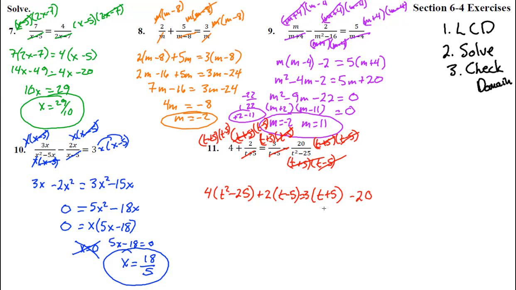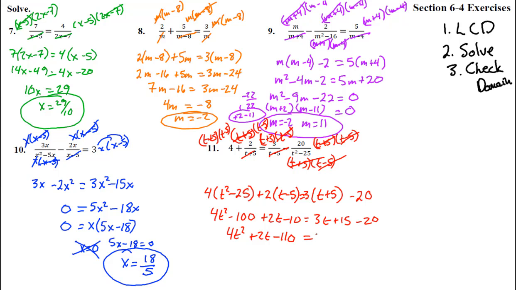All righty. Let's do it. What do we got there? 4t squared minus 100 plus 2t minus 10 equals 3t plus 15 minus 20. Polynomial equation again. So combining everything, let's simplify it down just a little bit. We get 4t squared plus 2t minus 110. That's what we have on this side.